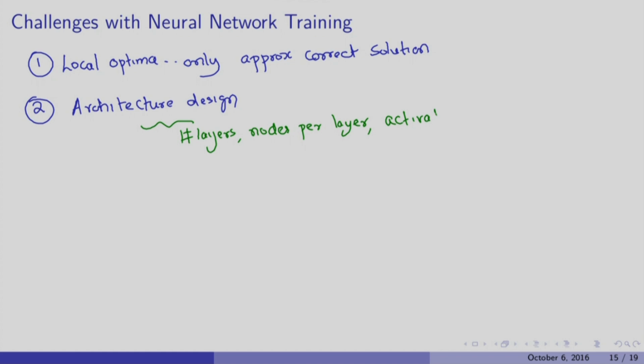A second concern is, how do you design the architecture? How many layers? How many nodes per layer? What kind of activation functions?